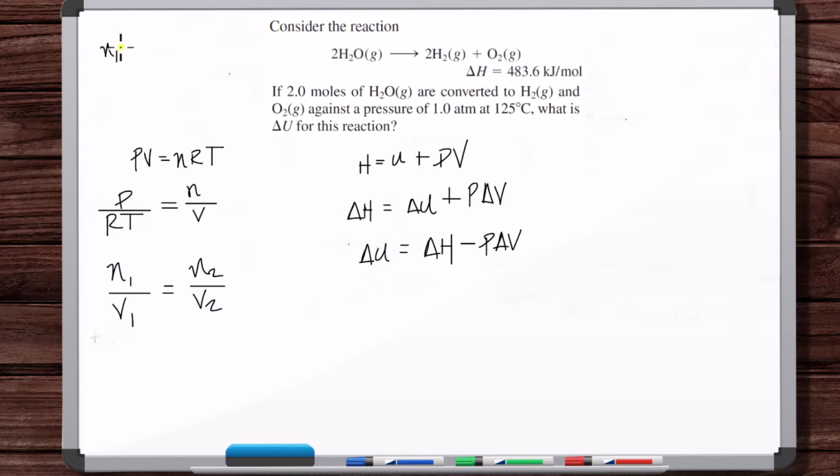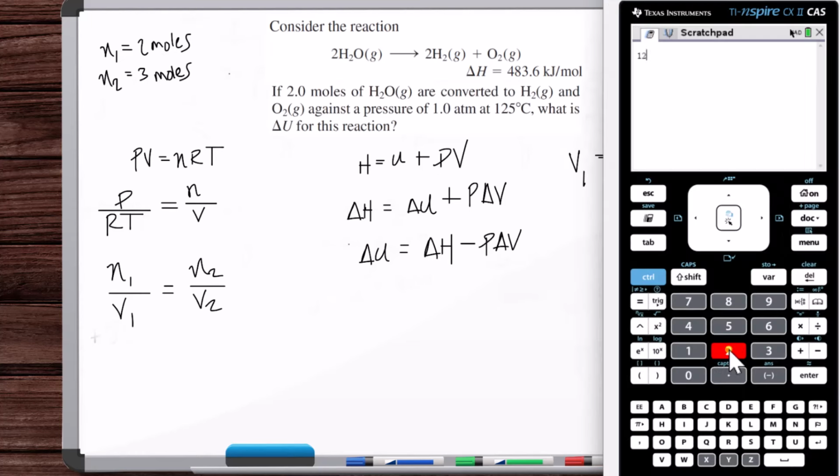We know n1 is 2 moles. We know n2 is 3 moles. Do we know V1? Yeah, we can calculate V1. V1 is equal to nRT over P. n is 2, R is, let's stick with liters for now and convert later, 0.082057 liter atmospheres per mole Kelvin.